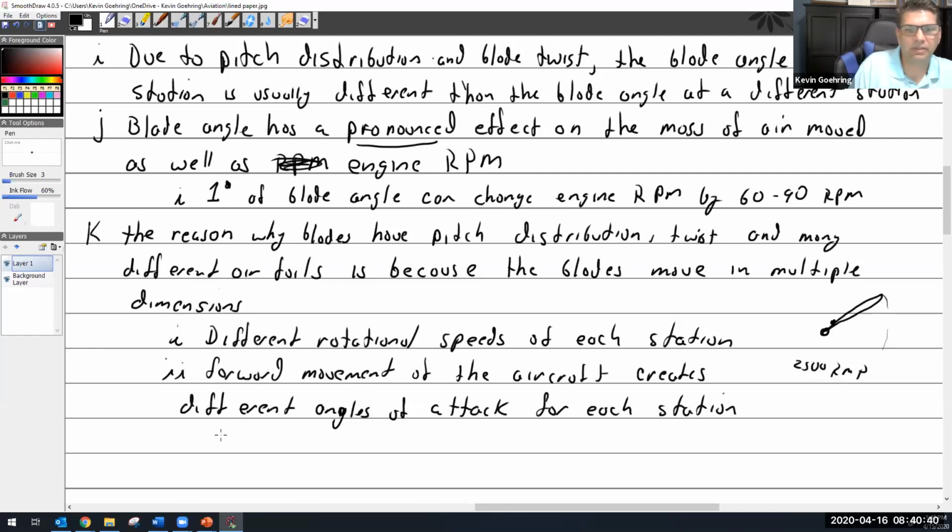And remember, I'll write it here, so remember, angle of attack. Oops, I'm going to try and spell it even remotely right.